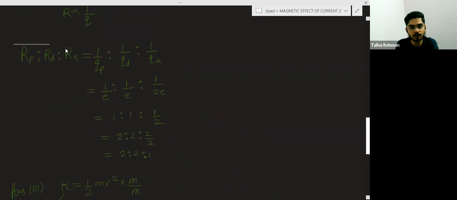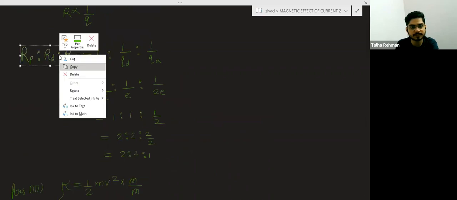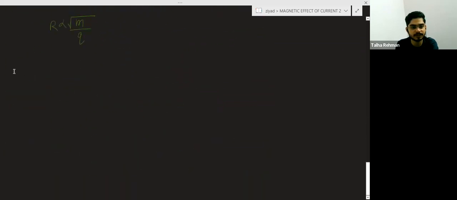So the ratio of the radius will be like this. You can write here: radius of proton ratio radius of neutron ratio radius of alpha particle.